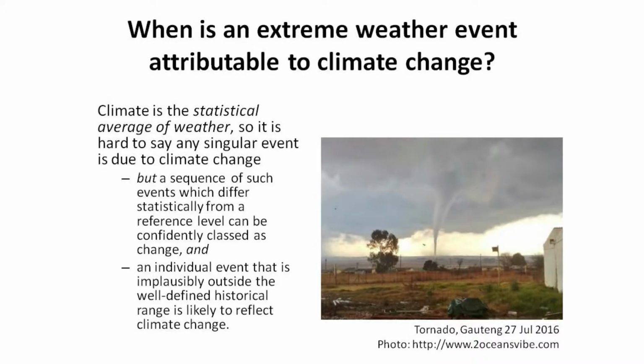If you get a sequence of events which statistically are outside the range of what you've established, then you can say that something has changed there. Or even if you have an individual event which is so far outside the prediction envelope, you then have strong inferential reasons to say that something has changed. Are we yet there with severe storms in South Africa? I don't know, actually. We must be getting quite close.